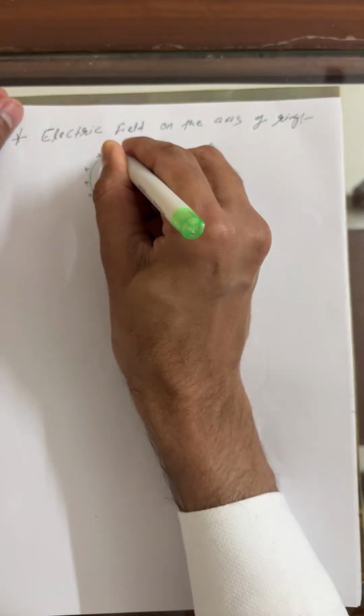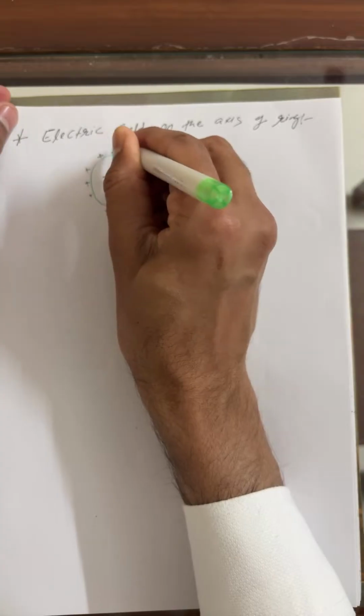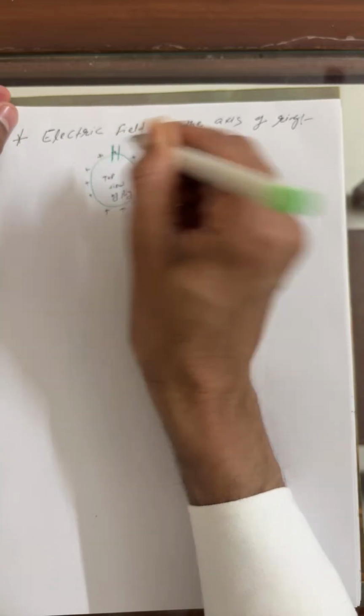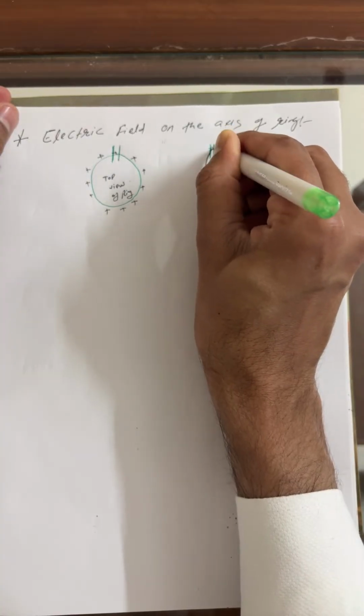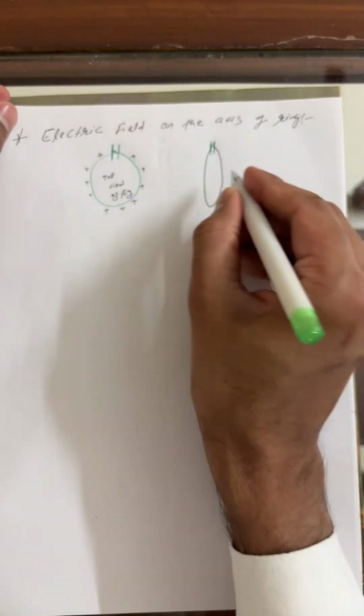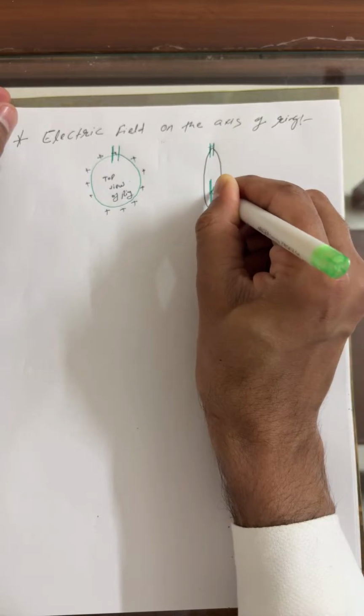For this, I'll give you a little bit of basic points. You can take this element here, and we will take the same element over here, because this is the top view and this is the side view. R is the radius of the ring.